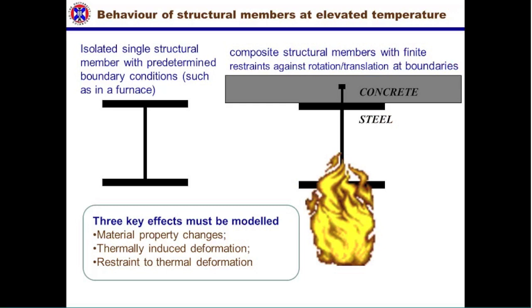So we feel that three key effects must be considered in modeling. Obviously, material property changes due to temperature changes are important. And another thing that we found is very important, particularly at low temperatures, is the thermally induced deformation. And of course, the restraint to this thermal deformation is the third. So these three are the most important issues that we model.